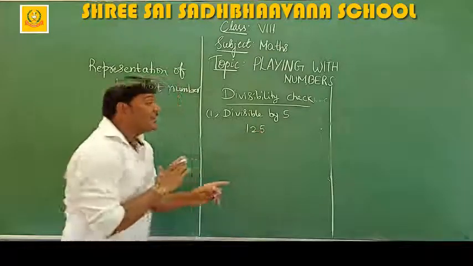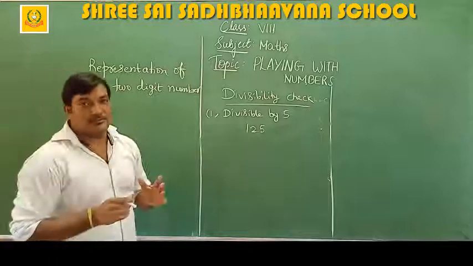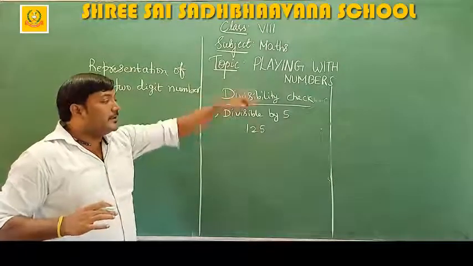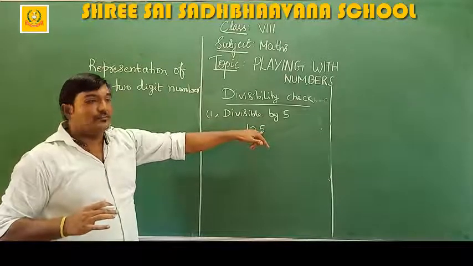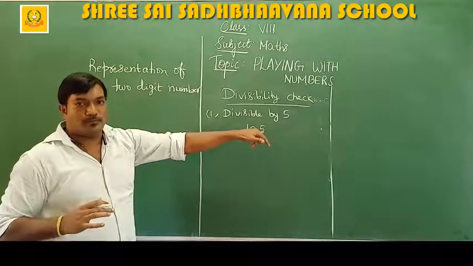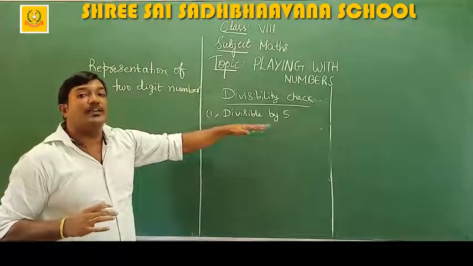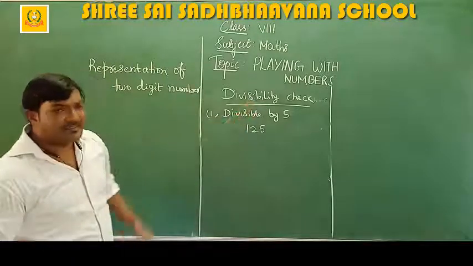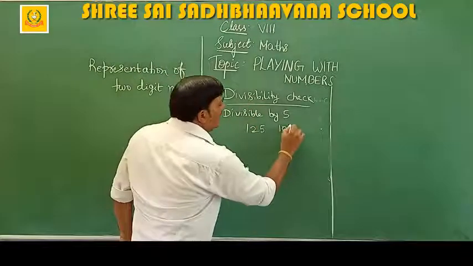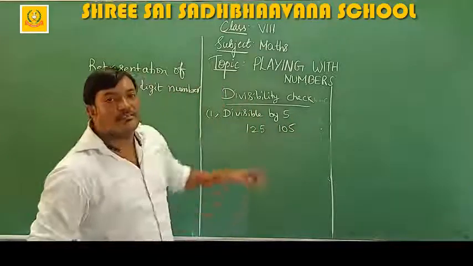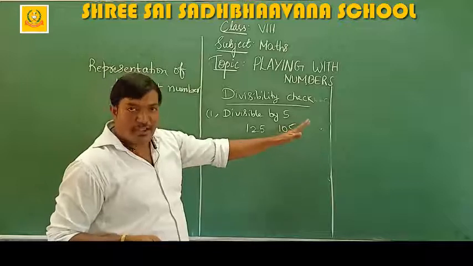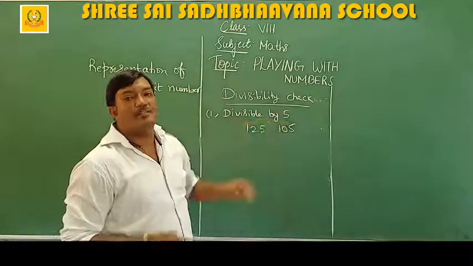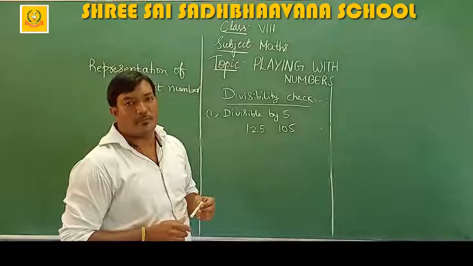But what is the technique we are using here? See, if the units digit is 5, then the number is divisible by 5. Remember that. You can take 125, you can take 105 also. If the digit in the units place is 5, then the number is divisible by 5.